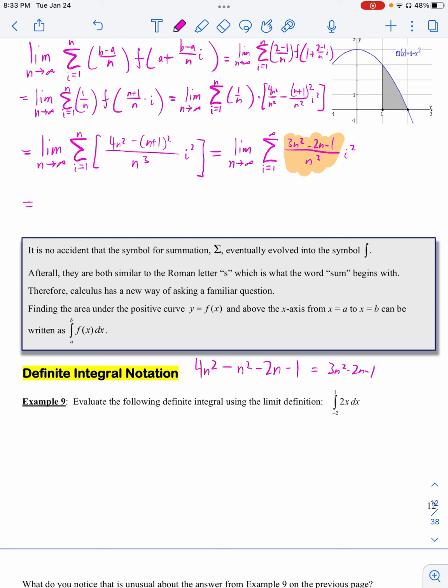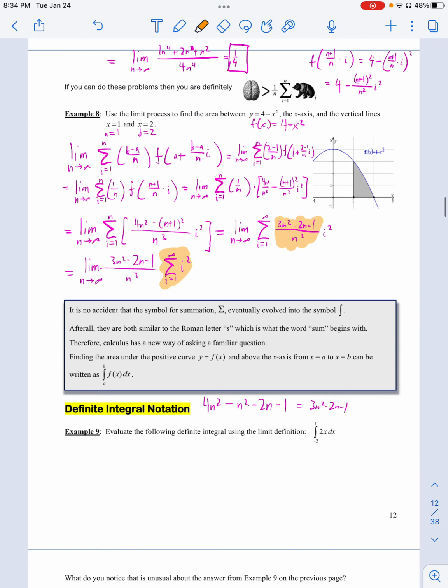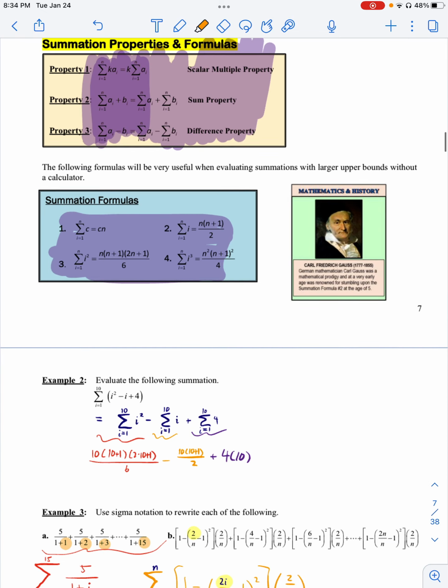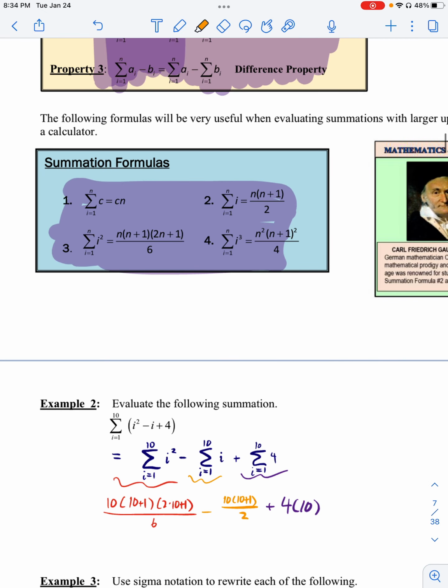So this is equal to the limit as n goes to infinity of (3n squared minus 2n minus 1) over n cubed times the sum from i equals 1 to n of i squared. You can evaluate that sum with the formula in your pink sheet: n times (n plus 1) times (2n plus 1) all over 6.